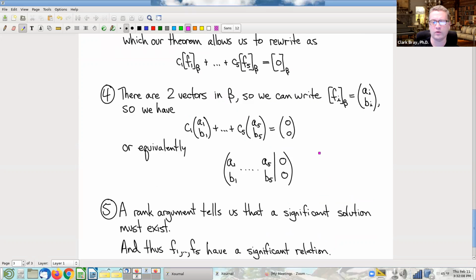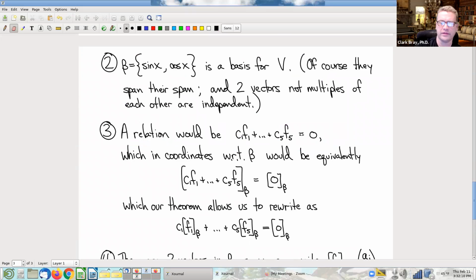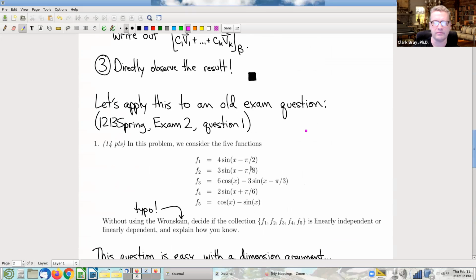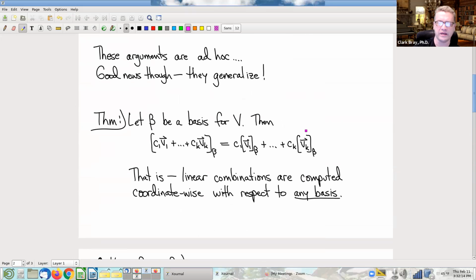I want to point out where and how the big theorem did some magic for us. Here's our new big theorem that coordinates of a combination are combinations of individual coordinates for any basis, right? So in other words, linear combinations are done coordinate-wise.